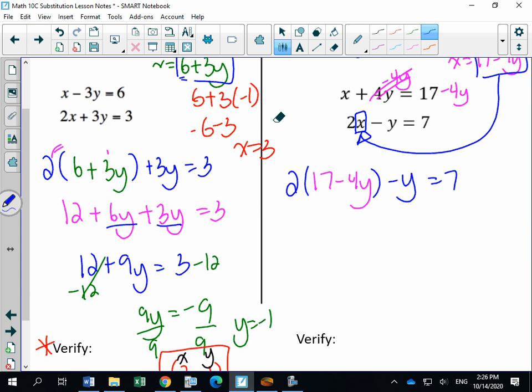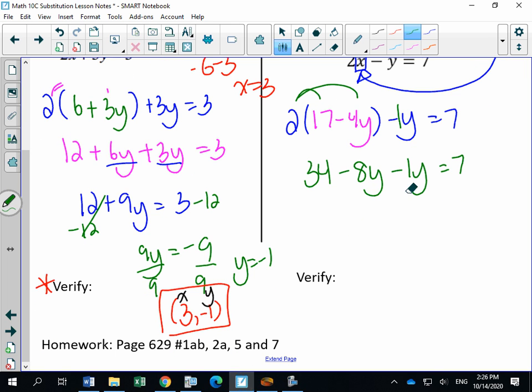Let's get rid of our brackets and solve for y. So 17 times 2 is 34, minus 8y minus, I'm going to put a 1 here, so 1y is equal to 7. Get your like terms together, which would be your y's.